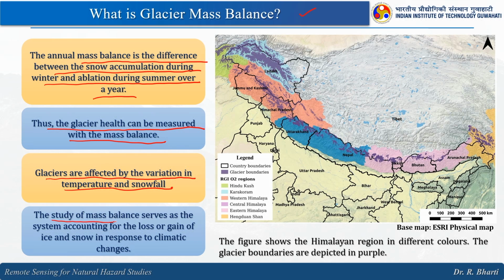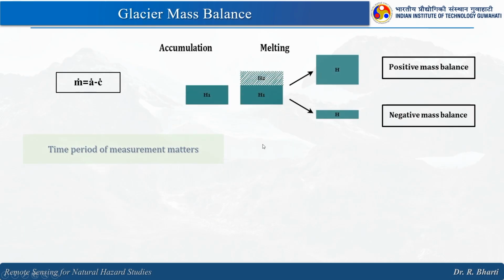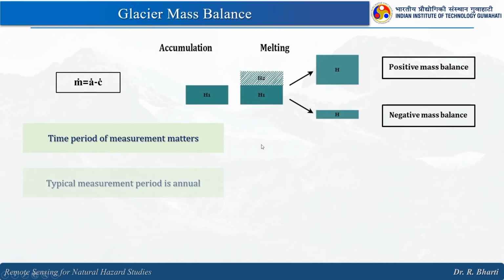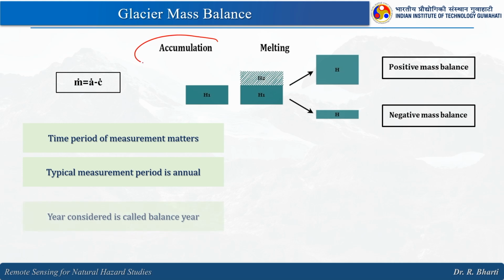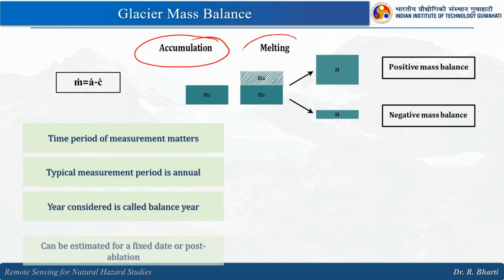The study of mass balance serves as the system accounting for the loss or gain of ice and snow in response to climatic change. Here this figure shows the Himalayan region in different colors, and the glacier boundaries are shown in the purple color, right. If we talk about the glacier mass balance, here you can see you have two things, accumulation and melting.